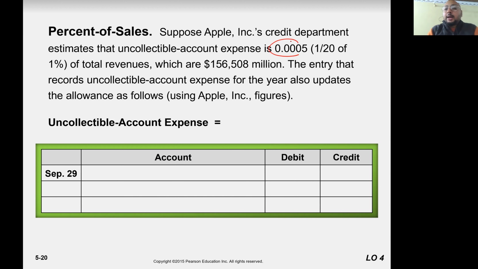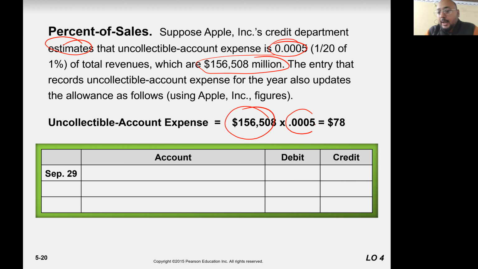We just multiply this with the sales. Estimated sales 156,508 and estimation of uncollectible 0.0005. So this is the estimate that this is not going to be received. When this is not going to be received, you expense it.